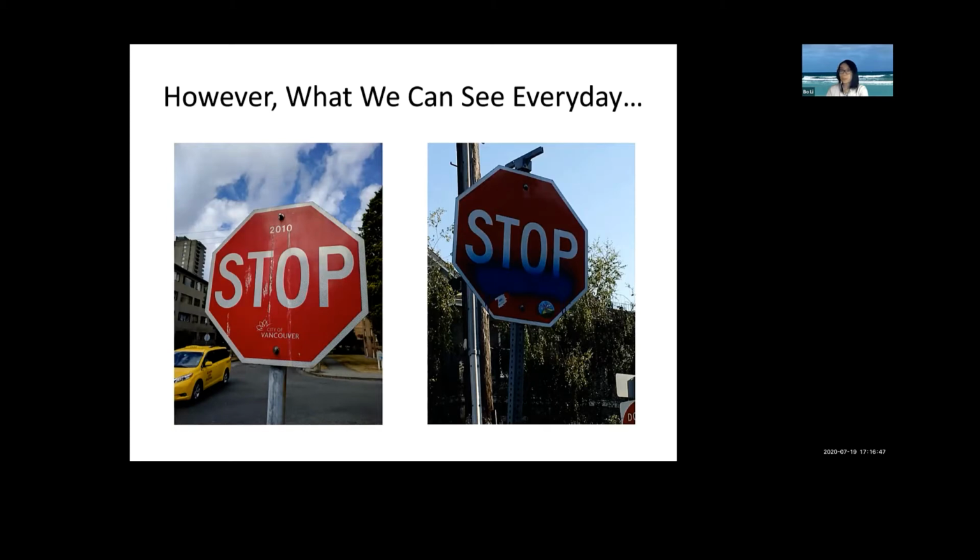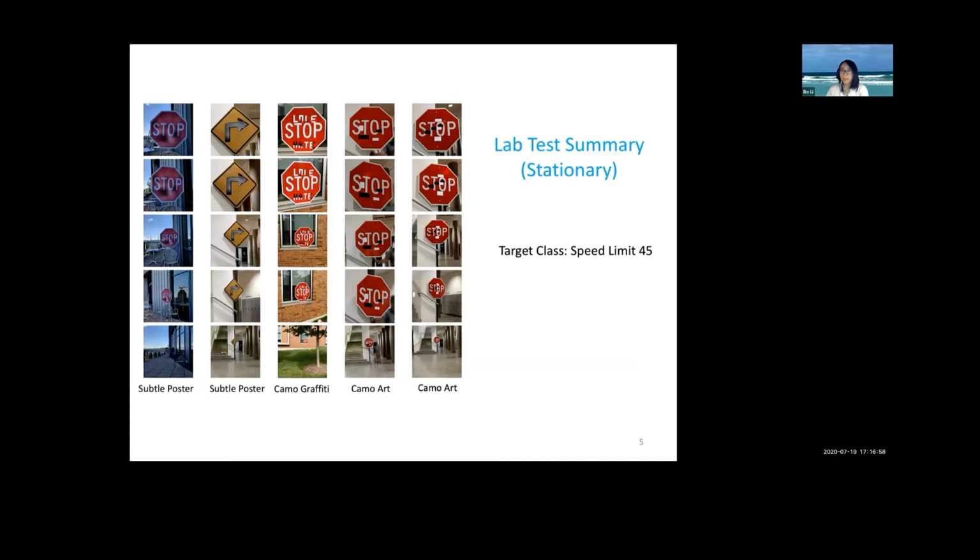So here is our previous result showing that given real-world stop signs, which may contain some graffiti or certain patterns on the sign itself, it is easy to generate certain adversarial so-called stickers that can be stuck onto the stop sign in the real world.